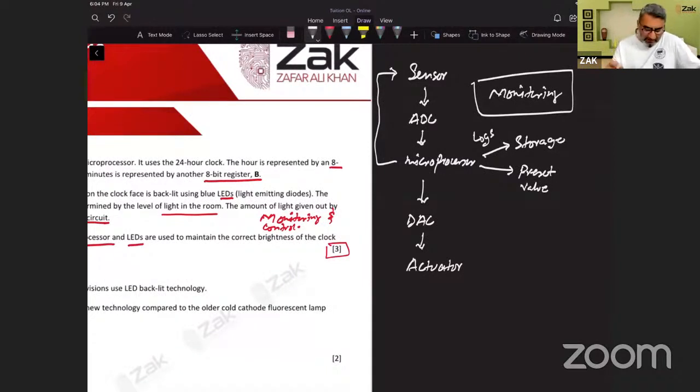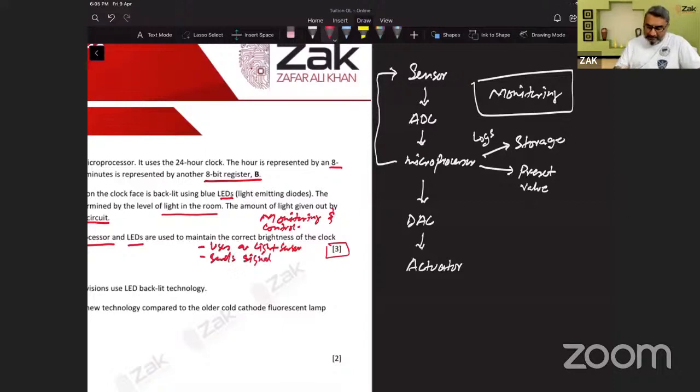अब सेंसर कौन सा होगा, हम यहाँ पे लिखते हैं it uses a light sensor.